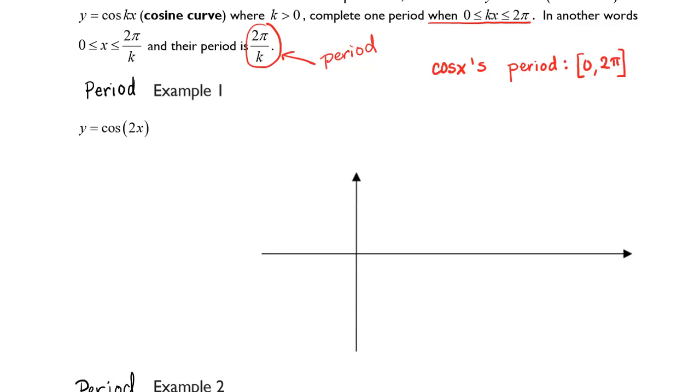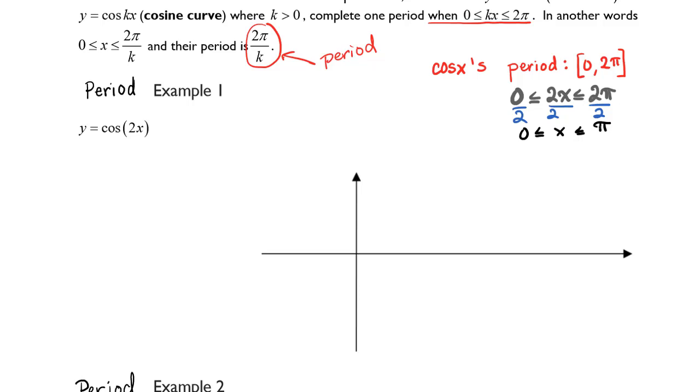And if we say that, then we can write our inequality as 0 is less than or equal to 2x is less than or equal to 2 pi, and then we can solve for x. If we divide all three sides of the tripartite inequality by 2, we get the period from 0 to pi.